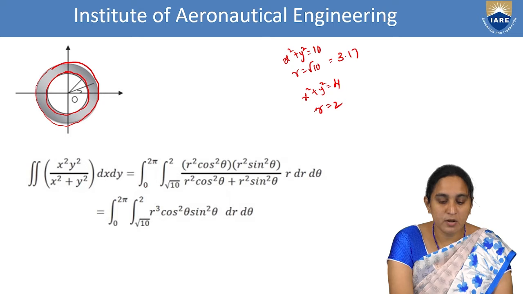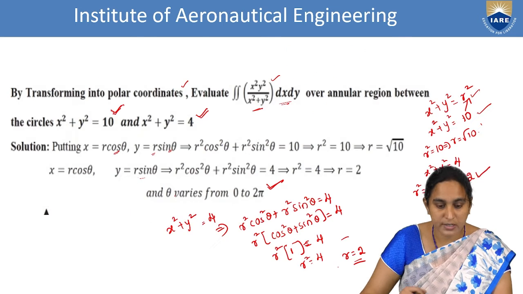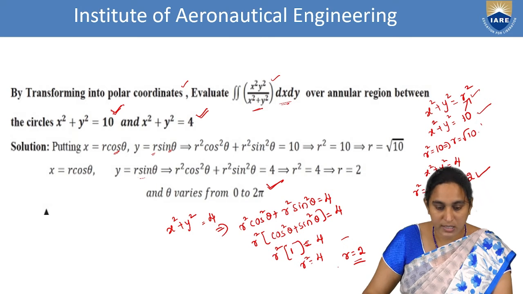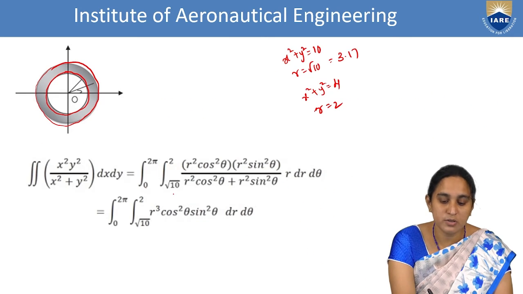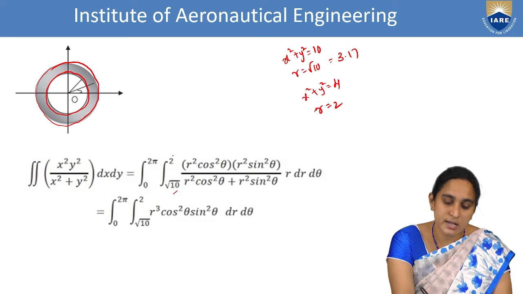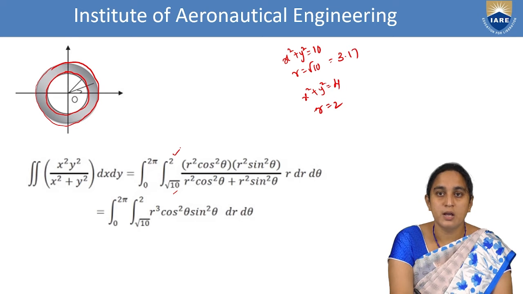That is integral of 0 to 2 pi, the angles 0 to 2 pi, and the radii are, if you take x square plus y square is equal to 10, in that case r is equal to root 10, and x square plus y square is equal to 4, in that case r is equal to 2.